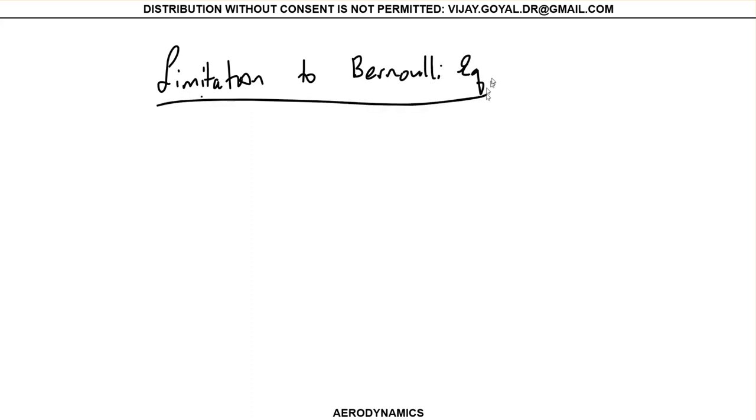Okay, so to fix some ideas here before we do examples later on, there are limitations to the Bernoulli equation. As I just mentioned to you, the flow is steady.